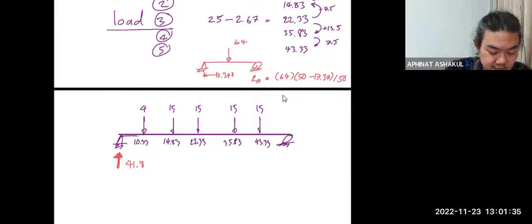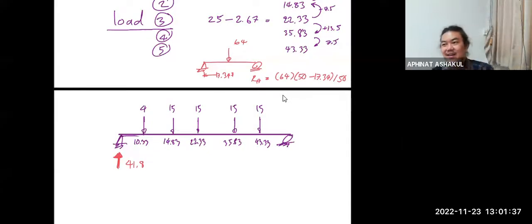Now, folks, I am amazed at this point that some students, where is the maximum moment? We already discussed that, right? Where the shear is zero? Where does the shear become zero?